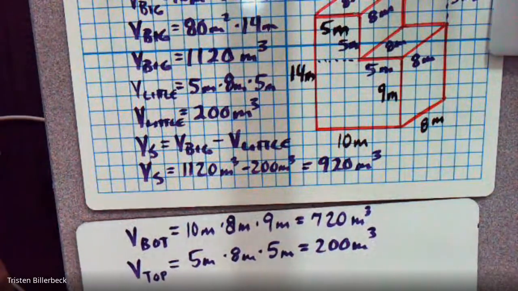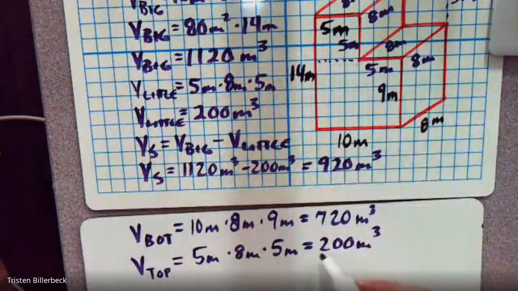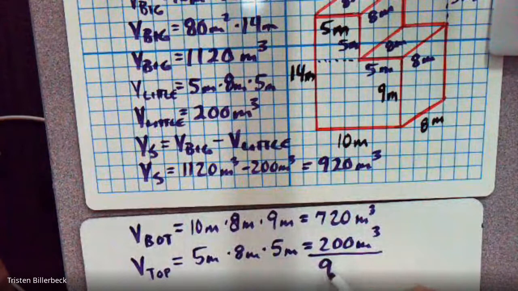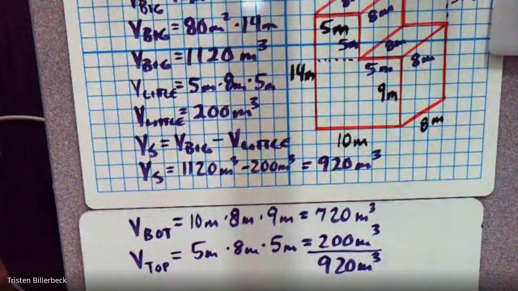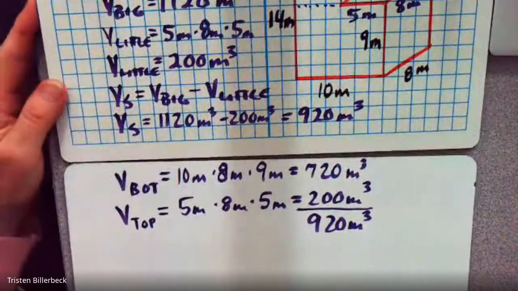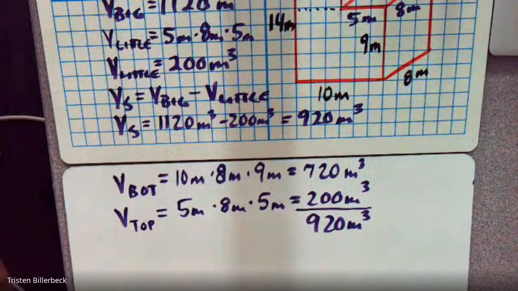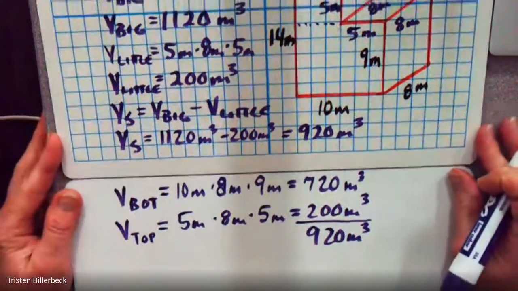Okay, so now we can just add the two of them together, this block plus this block. So we add them together and we get 920 meters cubed, which is exactly what we found before. Okay, so in both cases, we found 920 meters cubed. So we did it in two different ways.